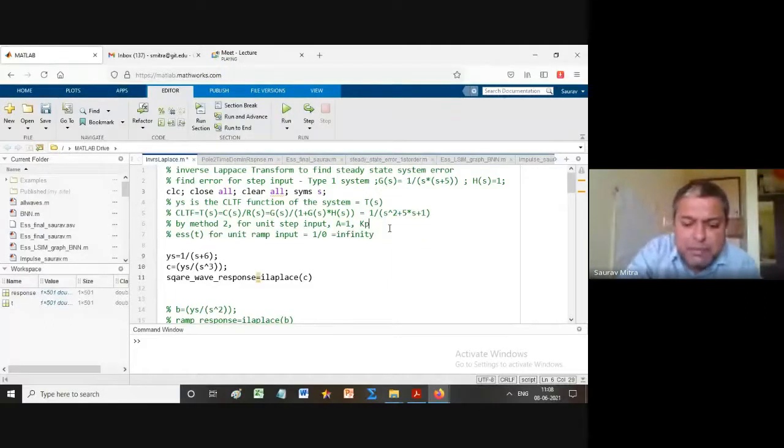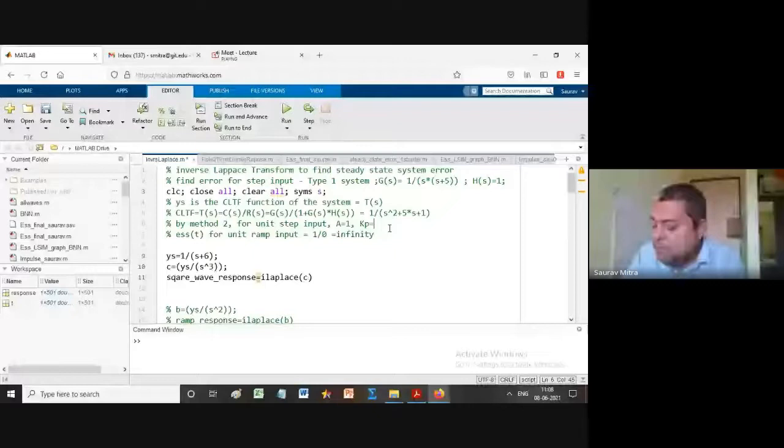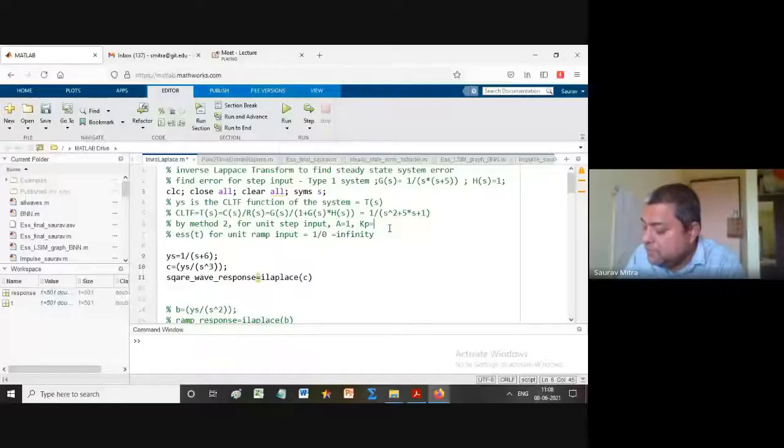Can anybody tell me what is Kp here? So how much is Kp? Limit s tends to 0, s into 1 by s into (s plus 5). Okay, first we are finding Kp.